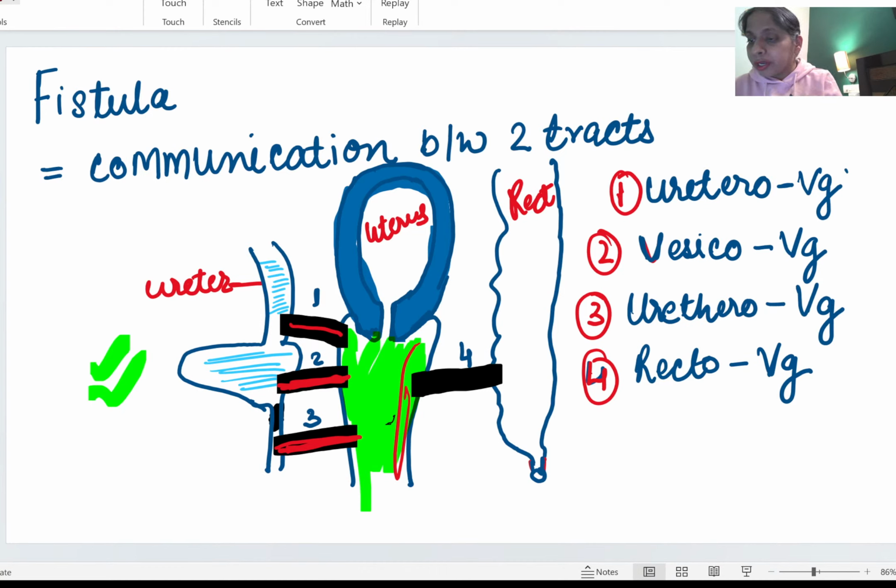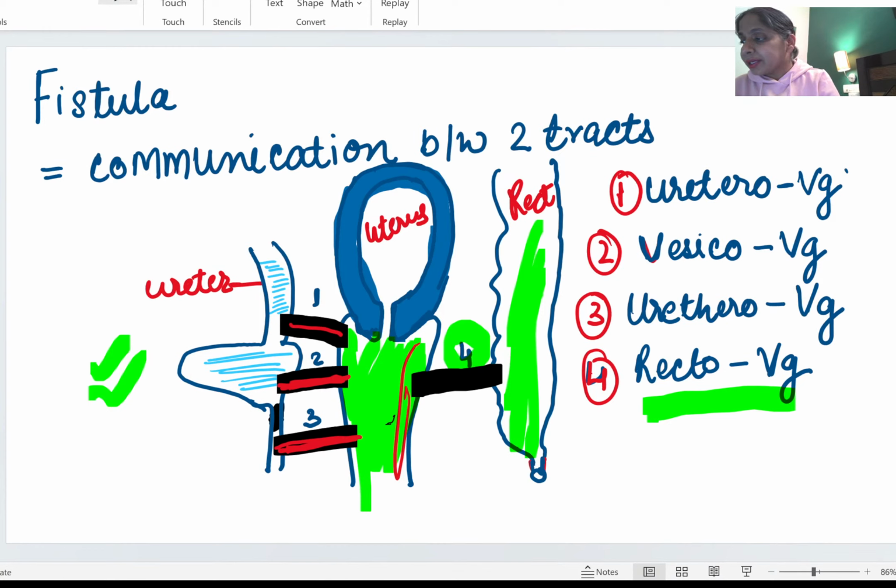Is it clear to all of you? Now, as you all know, posteriorly lies the rectum, right? If the communication is posterior, you should also know the fourth fistula is rectovaginal fistula. Please keep on interacting in the chat box so that I know that you all are awake.